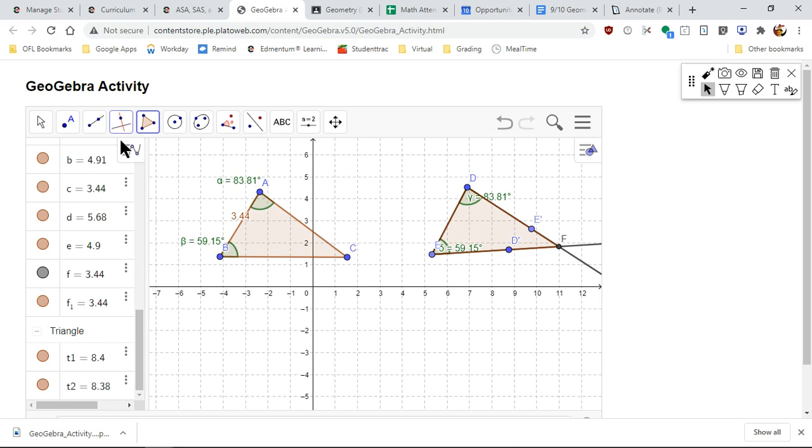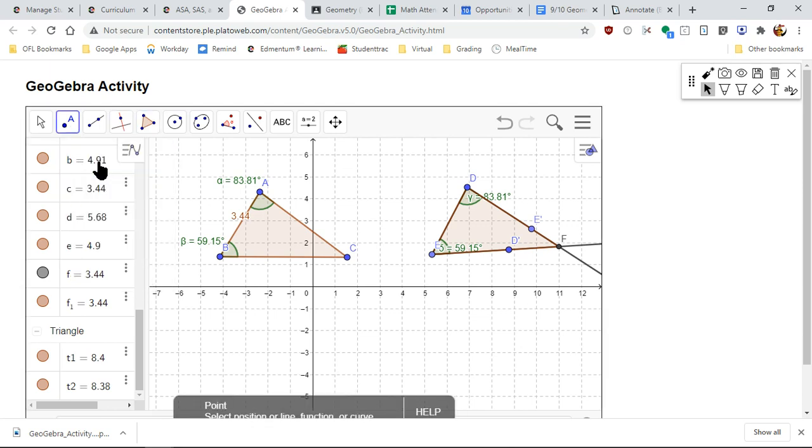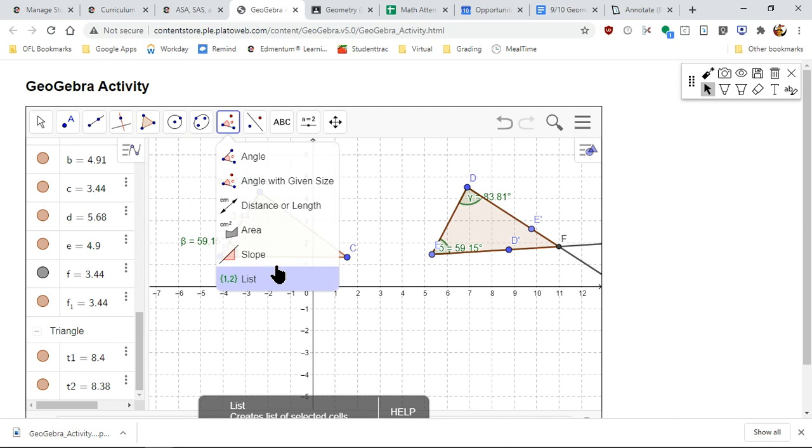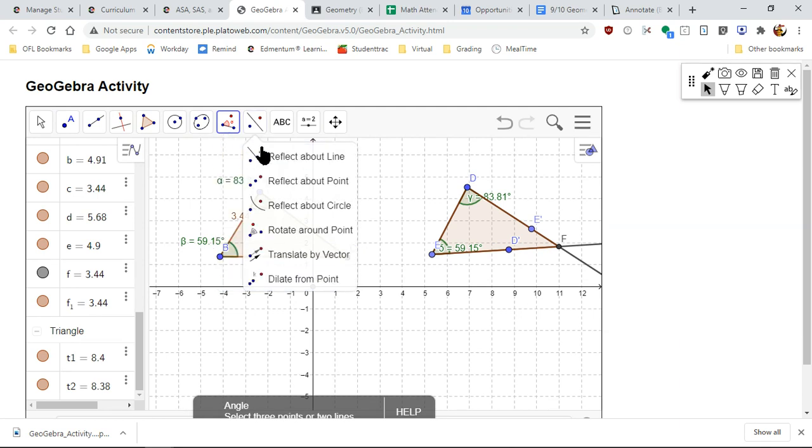So I'm going to put a point right here in anticipation of rotating. Well, I know I'm going to have to rotate it. It's not parallel. But first I want to translate it.